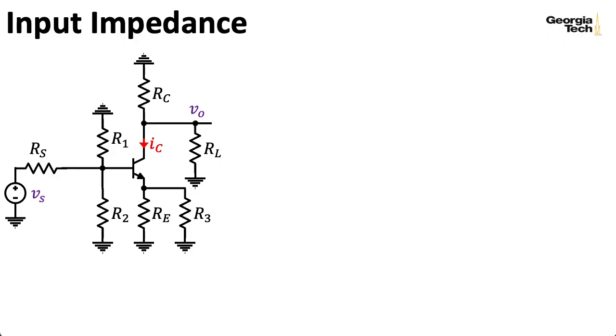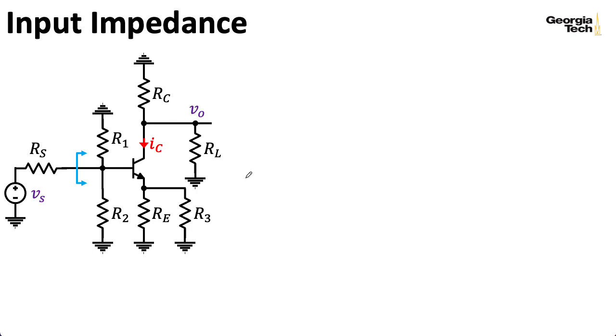All right, so what about the input impedance? We'll compute the resistance seen looking into the base of the BJT along with the biasing resistors. Notice that I'm not including RS because that's considered part of the source that's driving the amplifier and not the amplifier itself.